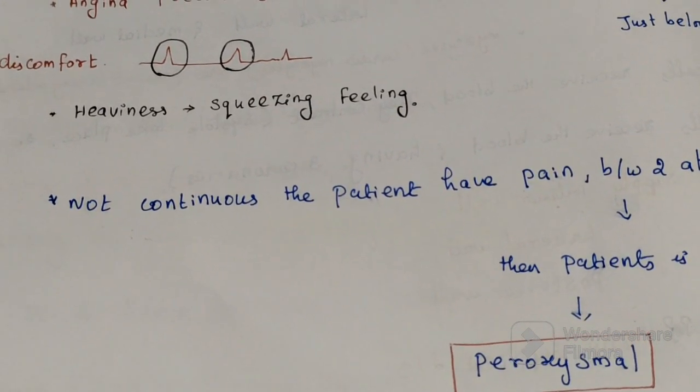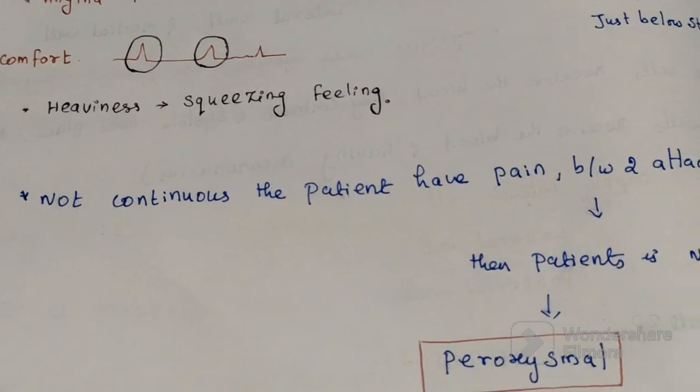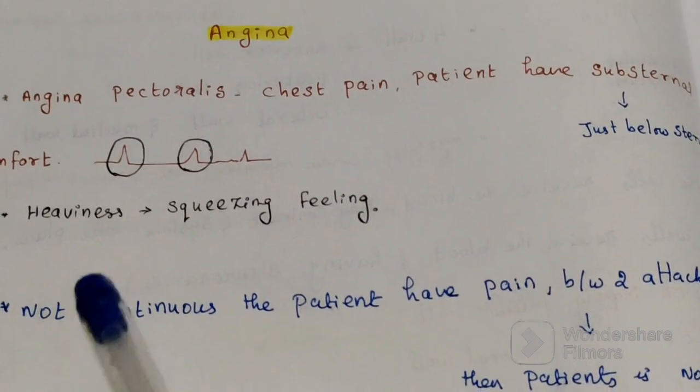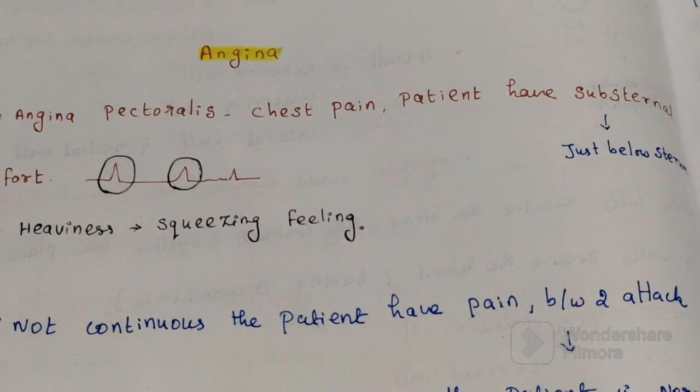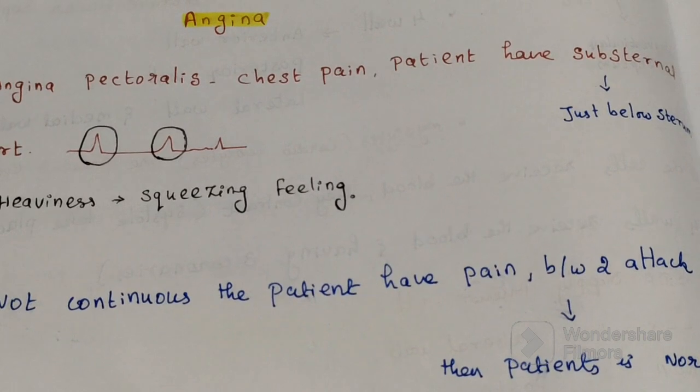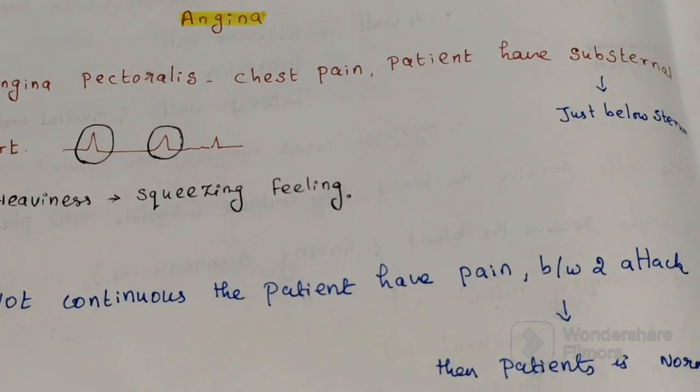So what is angina? It is not continuous. The patient has pain only in episodes; after that, absolutely normal, like asthma.